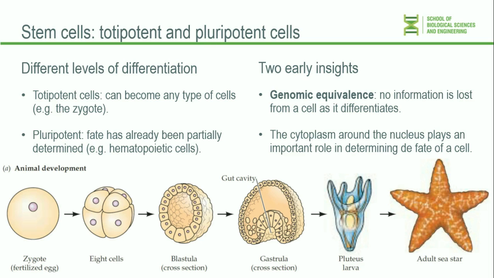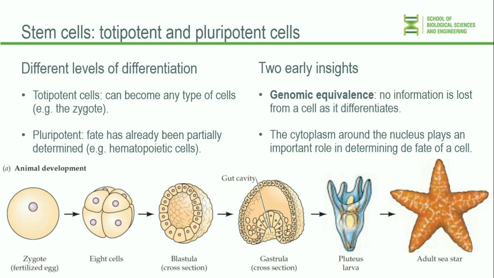Now, you may have heard that even in adult human beings, we still have some stem cells, as in our bone marrow, for example. Cells that can differentiate and become blood cells. Those stem cells can become different types of blood cells, but they cannot just become anything in the body.